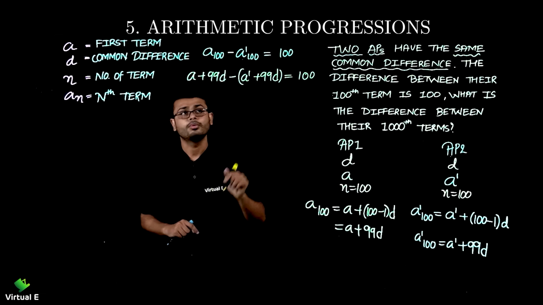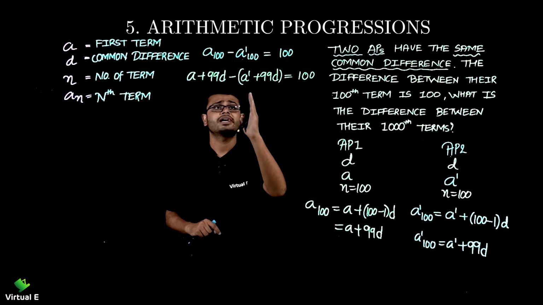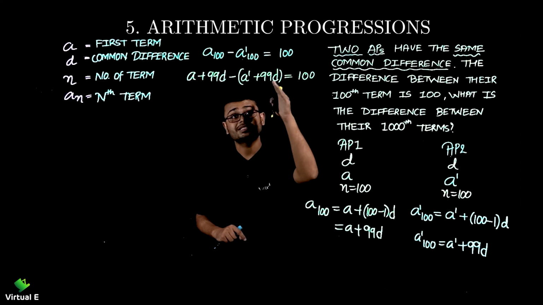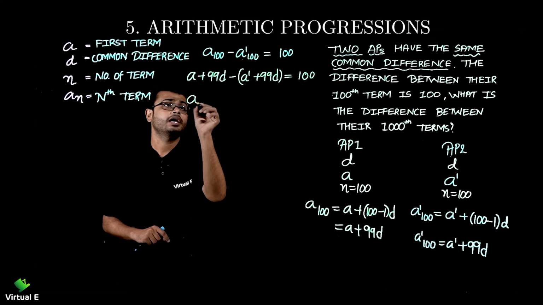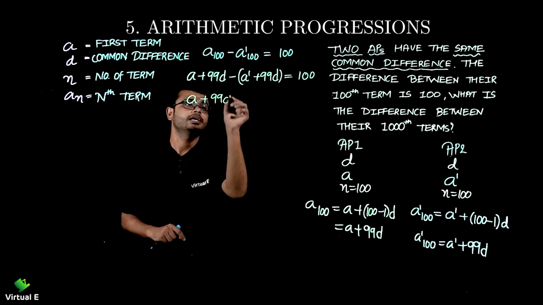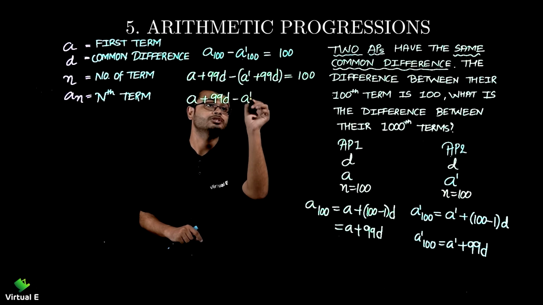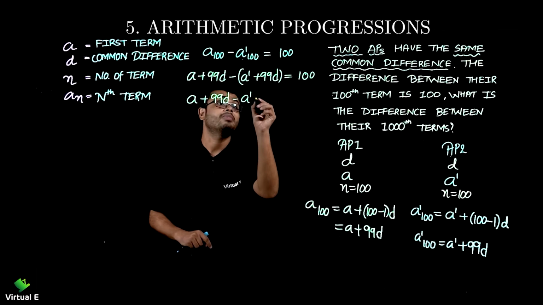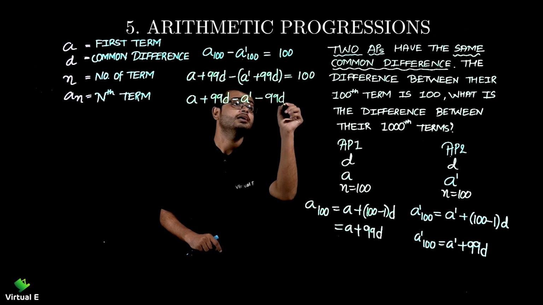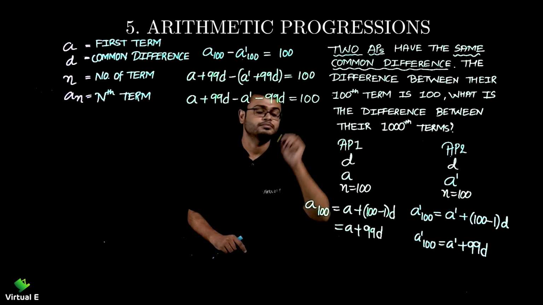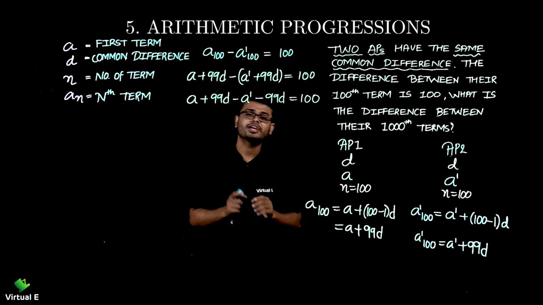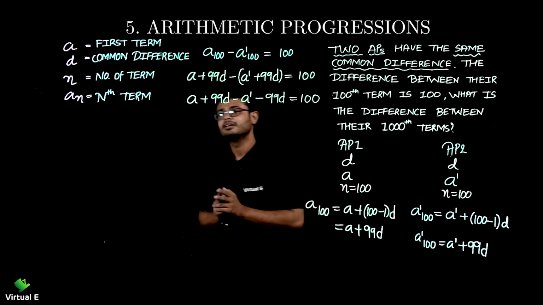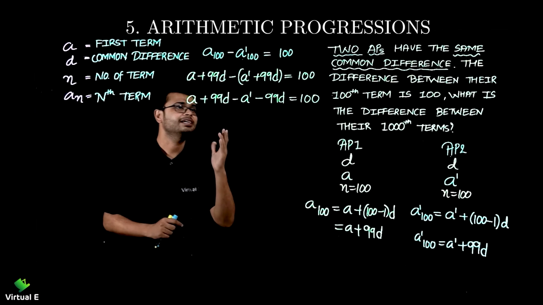Now what I am going to do? I am going to change the signs of the terms which are inside the bracket. So A plus 99D minus A dash, and this 99, minus and plus, what will be the answer? Minus 99D is equal to 100. Now what simplification will you do here? Think. It is very clearly visible.